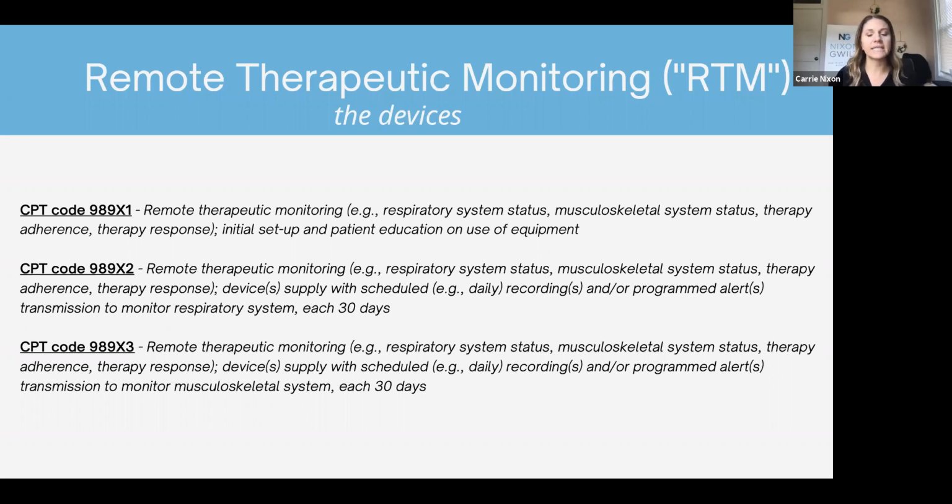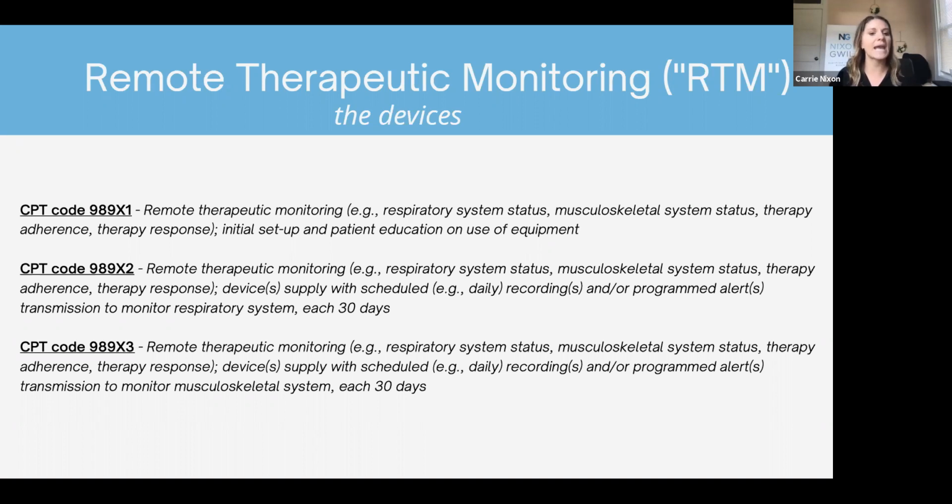The first is a code that is reimbursement for supply of devices that monitor a patient's respiratory system. And the second is a code that is proposed to provide reimbursement for supply of devices that monitor the musculoskeletal system. I'm going to say MSK a lot in this presentation.